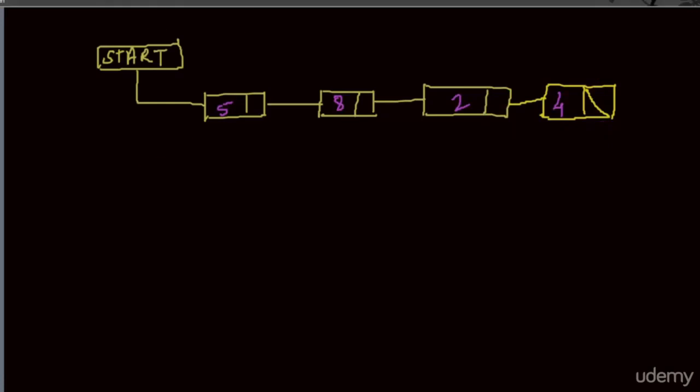In order to delete this particular node, we would require a pointer which is pointing to this node as well as a pointer which is pointing to this node. Now why are two pointers required? That would be a genuine question.